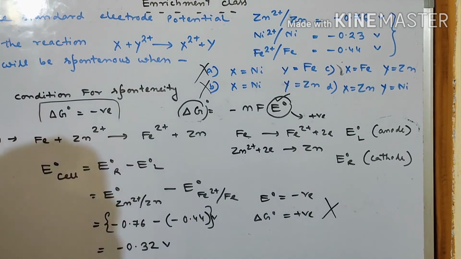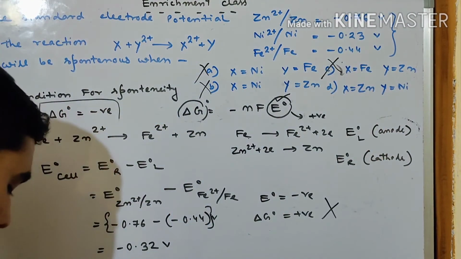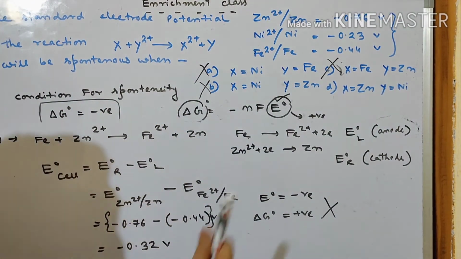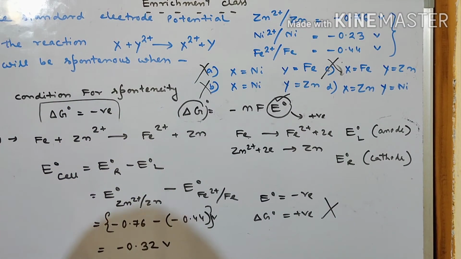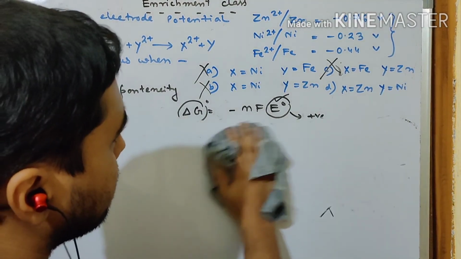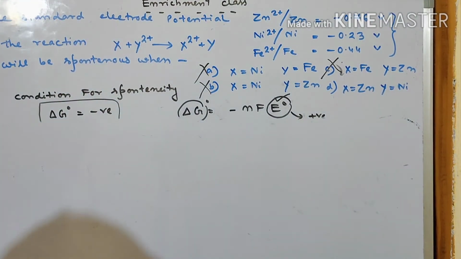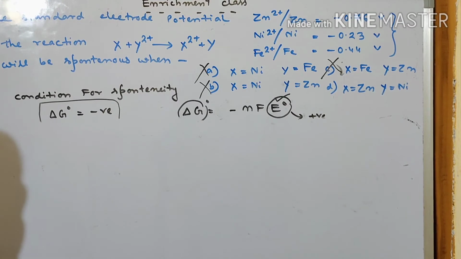So this will also not be a spontaneous case. So option C is also ruled out. Now, three of the options are ruled out. It is obvious that option D should be correct, but let us see whether, as per the given condition, option D is correct or not. Usually three of the options are negative, so I am expecting that one to be the correct one, but we have to prove it.